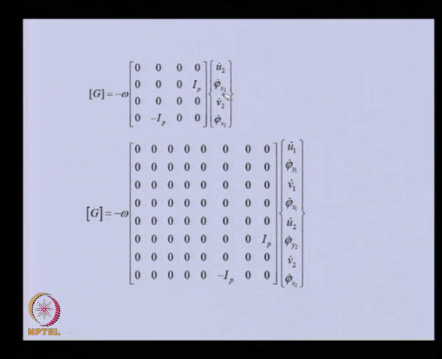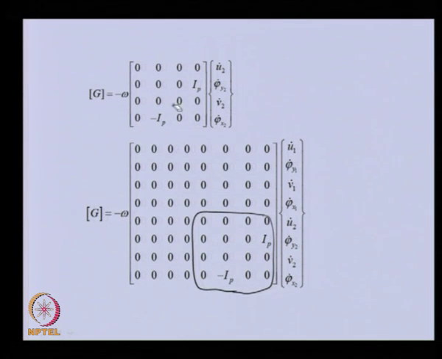Now this equation we can expand. So what I am doing now is writing this for node 1 and node 2 both. You can see these are for node 1 and these for node 2. So basically this particular 4 by 4 matrix has come here, and all the other terms are 0.